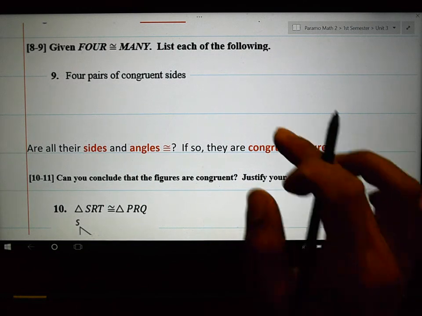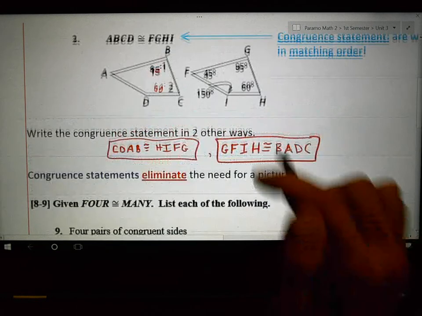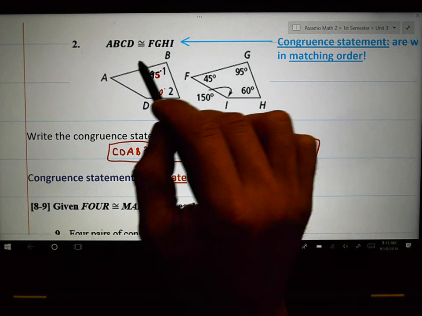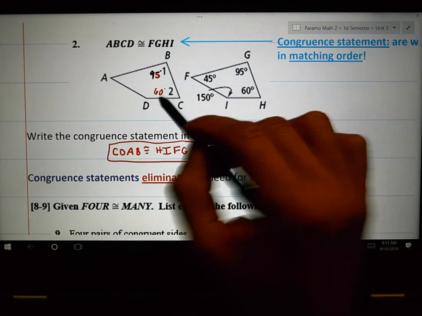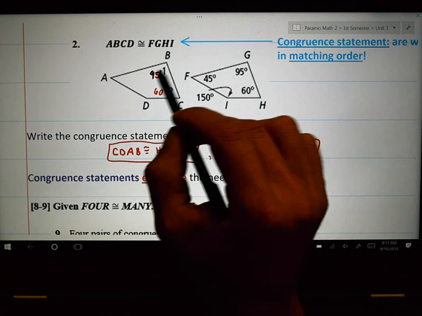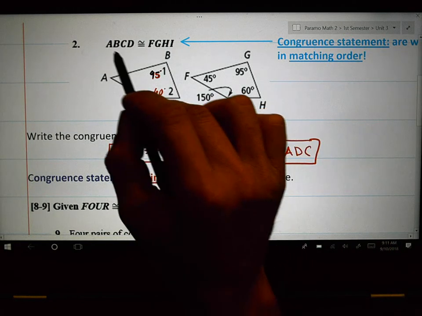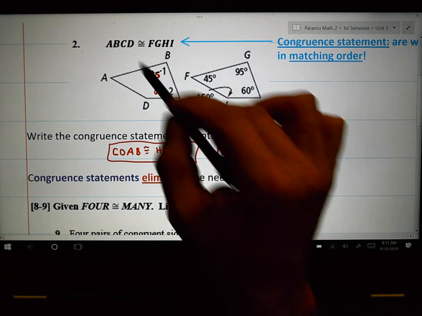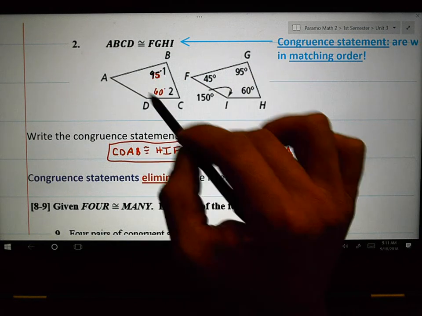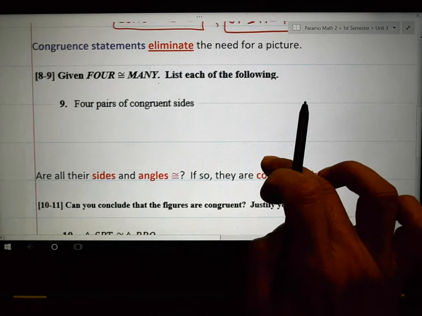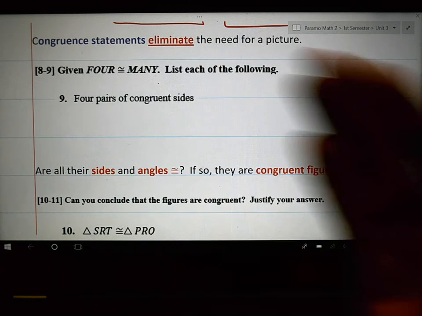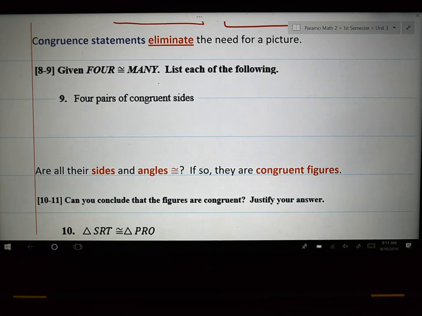So what you're going to have to do is envision that they have a statement that matches up with another 2 shapes. And if I think about the sides of this as AB, and the side of this is BC, and the side of this is CD, and the side of this is DA, then you're going to know the sides of these 2 objects without even having to draw a picture.